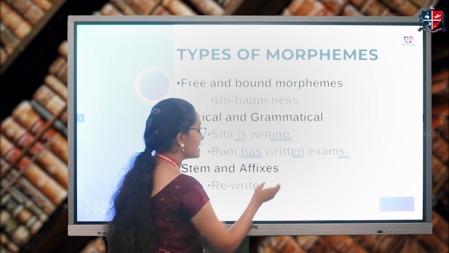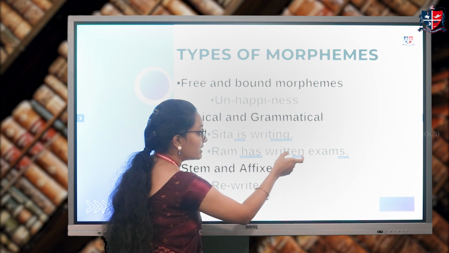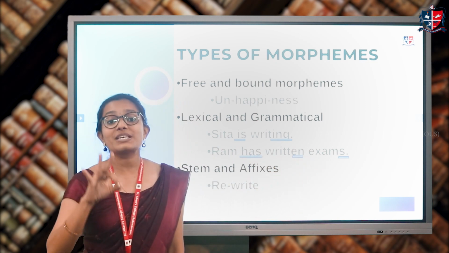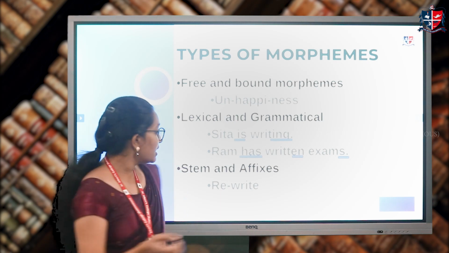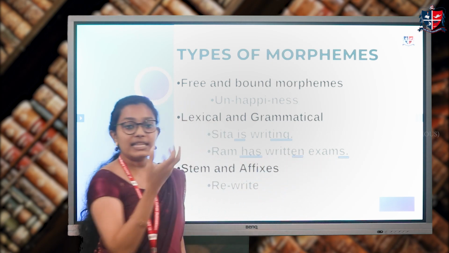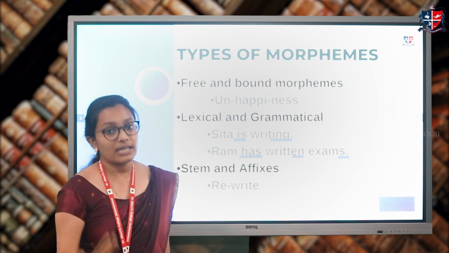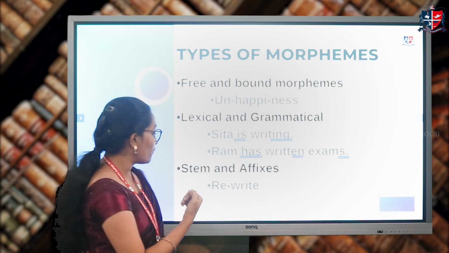Ram has written exams. Here, Ram, write and exam, all those three morphemes have meaning when they are standing alone. But has, en and s appear in this sentence just to give a grammatical meaning. So that is the difference between lexical and grammatical morphemes.